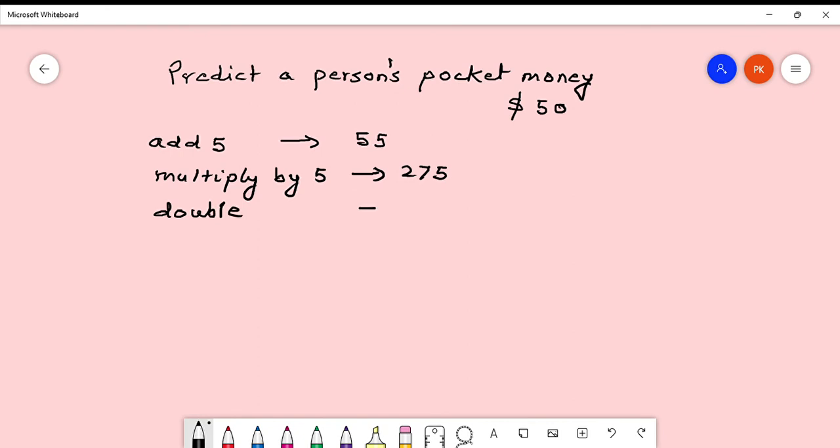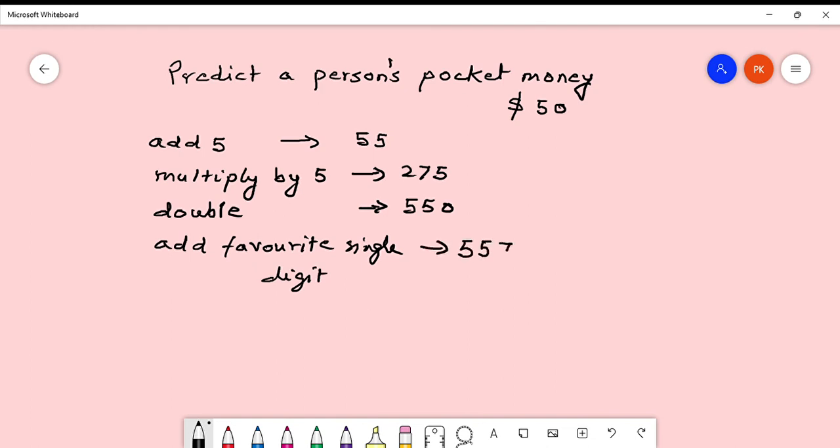So 275 he will double, that will be 550. All these calculations he will do on a piece of paper. Then tell him to add his favorite single digit. Any single digit he can add. Suppose he adds 7. So that will be 557.